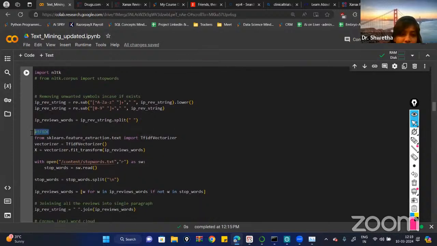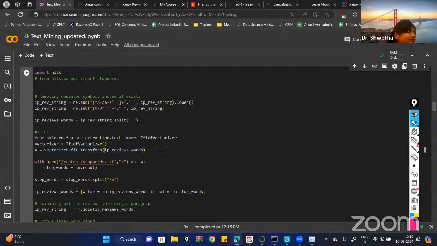After converting them into tokens, we are finding the term frequency inverse document frequency. We are finding the TF-IDF to understand the importance of the word in the word clouds or in the reviews. So to apply TF-IDF, we are importing TfidfVectorizer from the library sklearn.feature_extraction. From there, we are initiating the TF-IDF vectorizer. Once we initiate that, we can use it to fit the data.